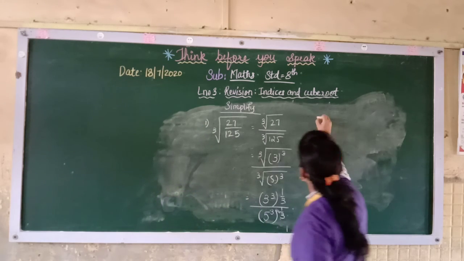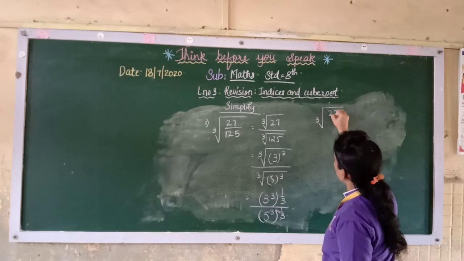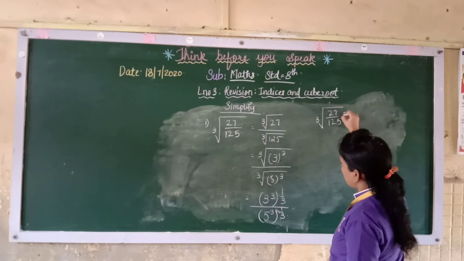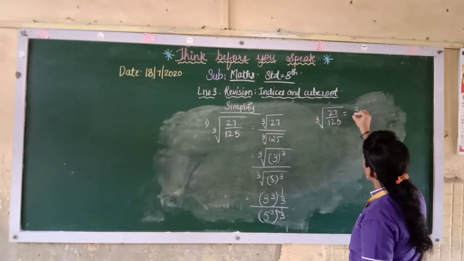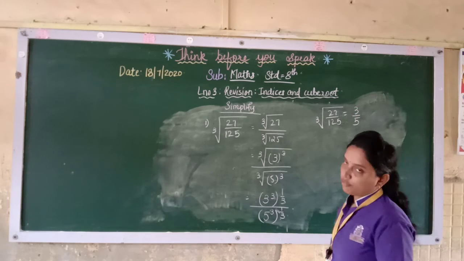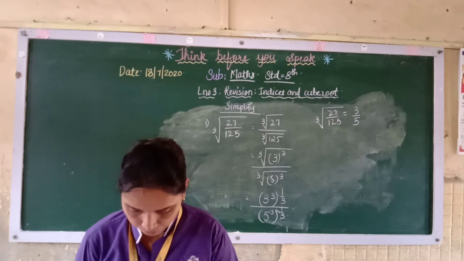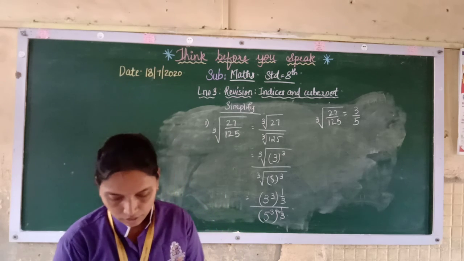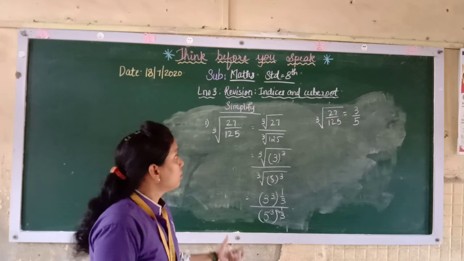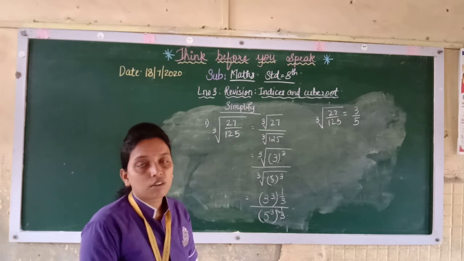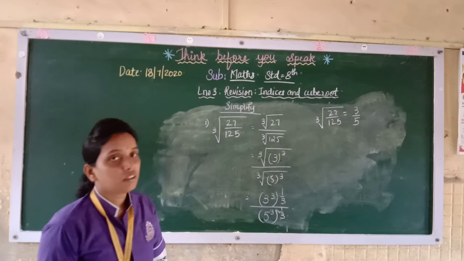So finally you will get the cube root of 27 upon 125 as 3 by 5. So this is how you can find the cube roots of the given numbers.